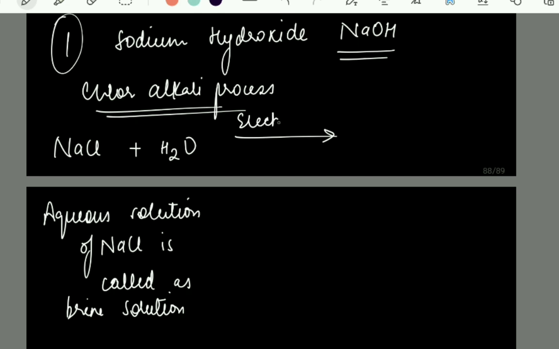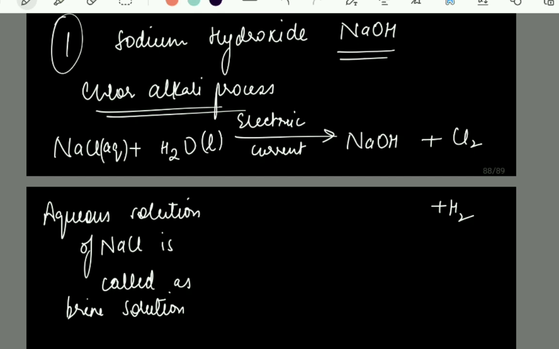So if we give electric current, then we will get NaOH, chlorine, and hydrogen gas. So this is aqueous, this is liquid. So we can balance this. This is aqueous again. Chlorine is gas, hydrogen is gas.